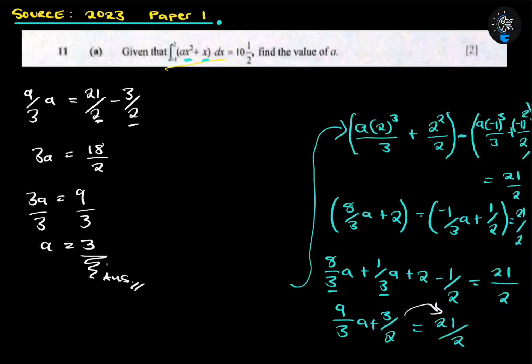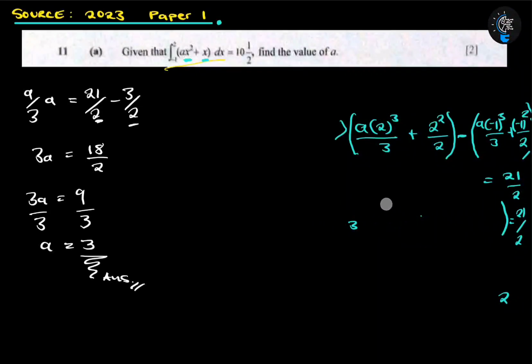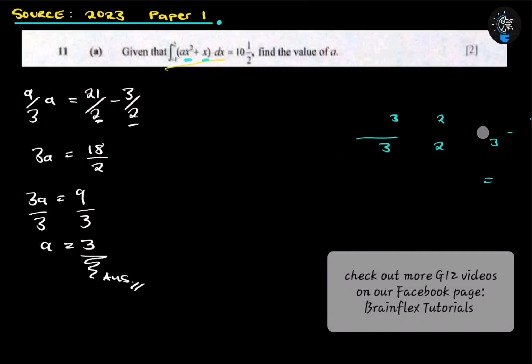So, if you get a different answer other than a is equal to 3, please double check your work. Let me show you now how to prove it. You can simply prove this by plugging 3 back in this expression, then evaluate it. And if you are unable to get 10.5, just know that you made a mistake.